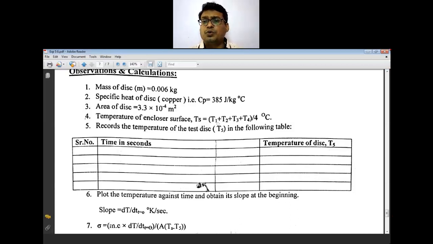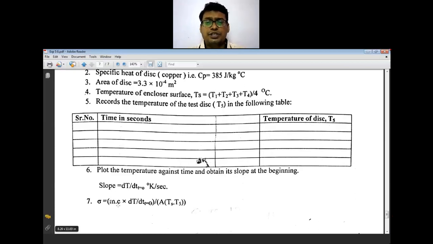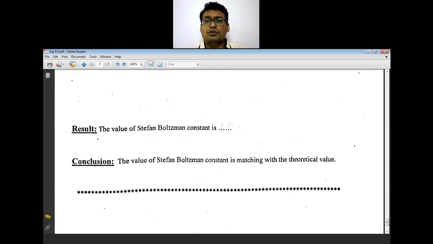T1 to T4 are the temperatures of the black surface, for which we take the average temperature Ts. The amount of heat transferred is m Cp dT/dt at t equals 0, divided by A into Ts to the power 4 minus T5 to the power 4, that is, the fourth power of the temperature. So finally I am going to calculate the Stefan-Boltzmann constant.